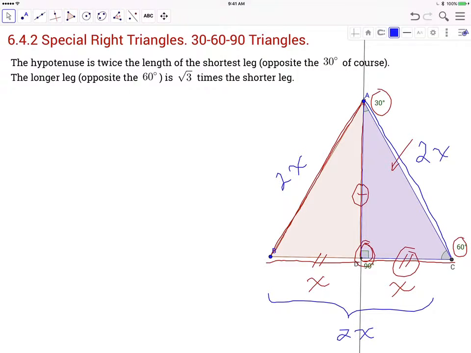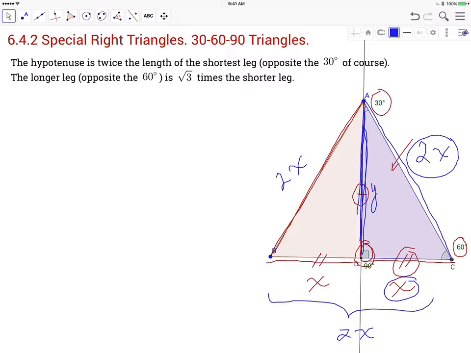And now let's go into the purple triangle, because now I'm going to ask ourselves, if the hypotenuse of the purple is 2x and one of the legs is x, we can try to figure out exactly how long that thing is right here. And we can do that by letting it be y temporarily.